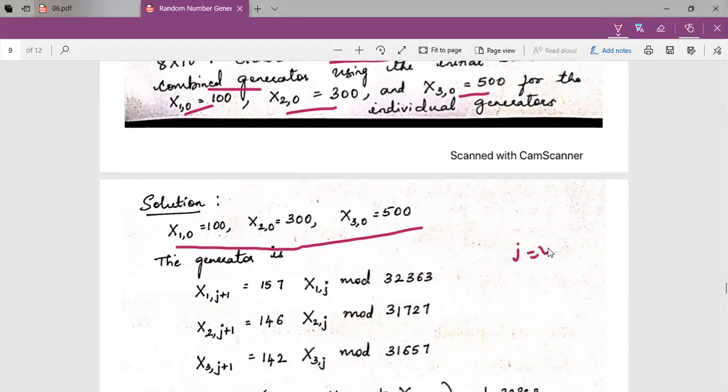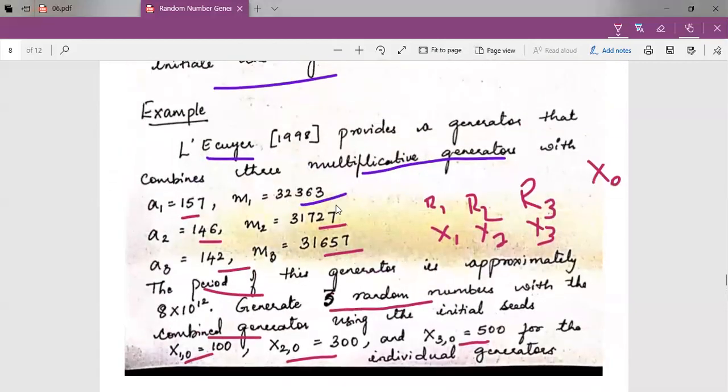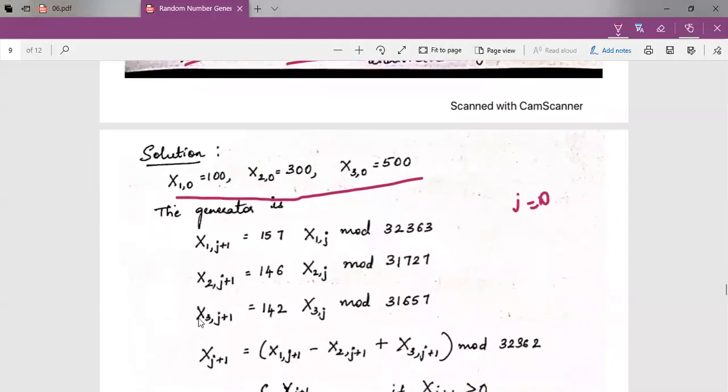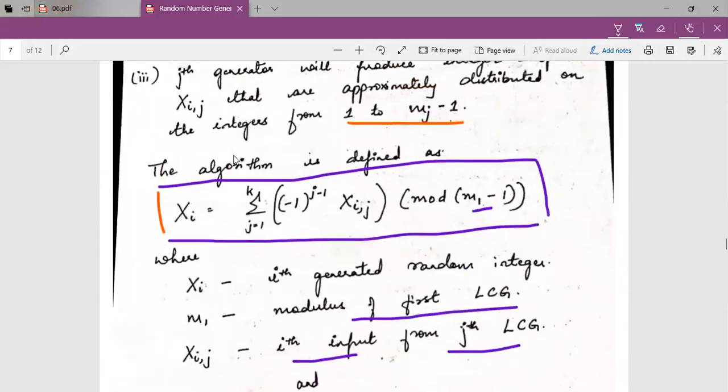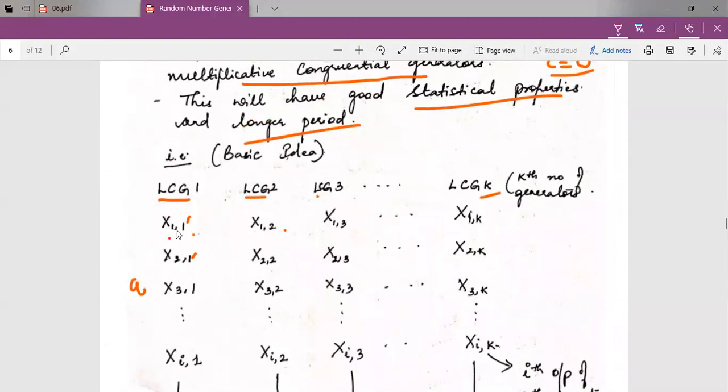So x(1,1) is calculated as 157 times x(1,0), where x(1,0) is given, mod m1. The m1 value is 32363. So we'll be calculating x(1,1), x(2,1), x(3,1).